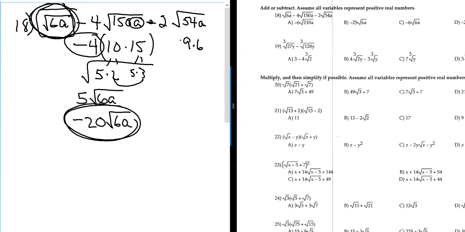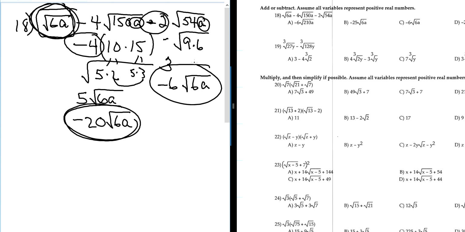The square root of 9 is 3, so the 3 comes out and is multiplied by the negative 2. In essence, that's going to be negative 6 on the outside, and inside is 6 and this a.